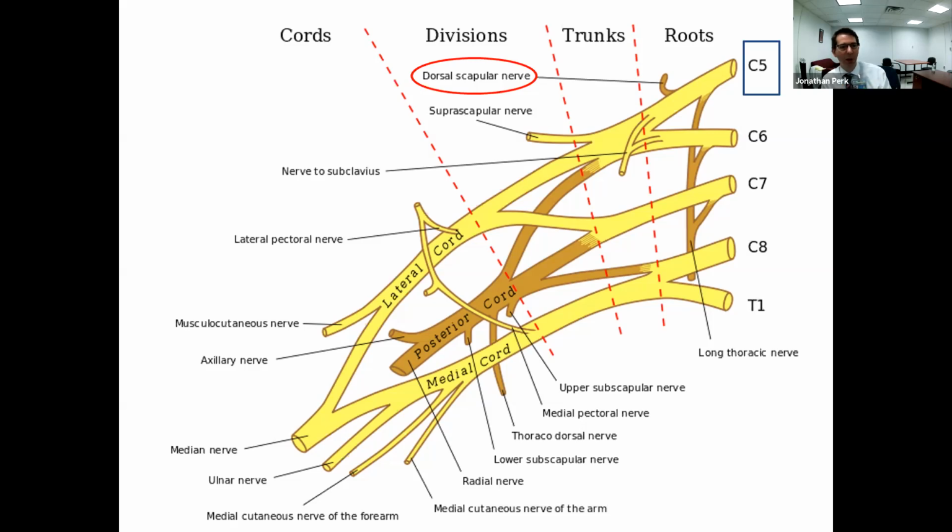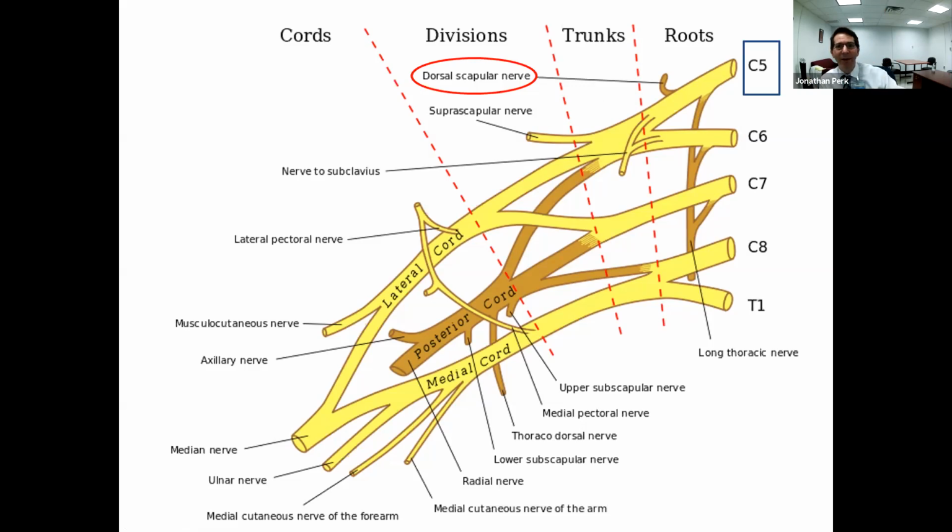The median nerve, for example: every single root contributes to the median nerve. We'll see in a moment, the pectoralis muscle: every single root contributes to the pectoralis muscle. So in terms of localization, it makes life harder.